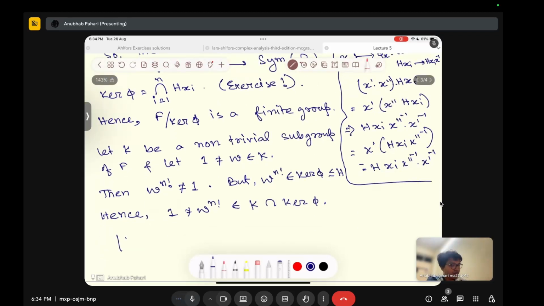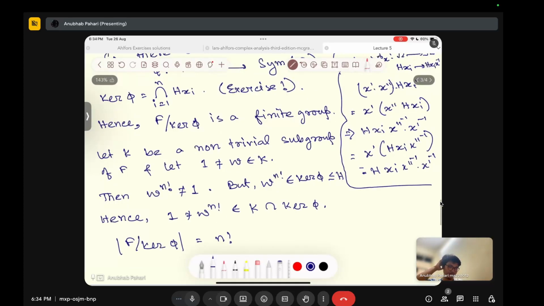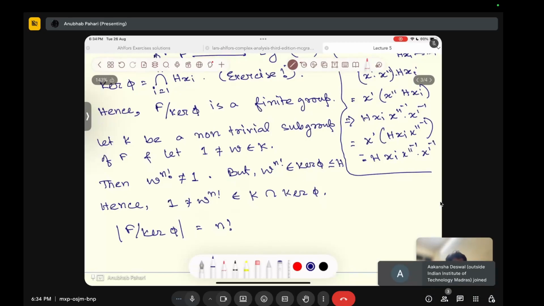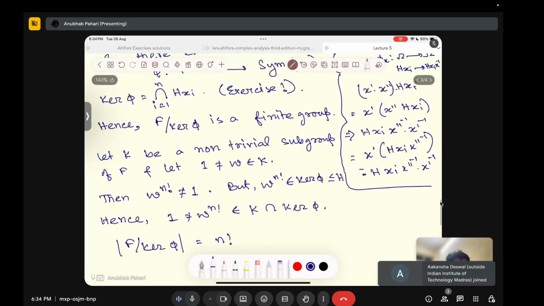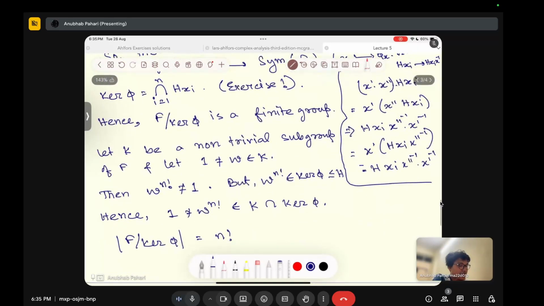So the order of F by kernel phi is n factorial, right?